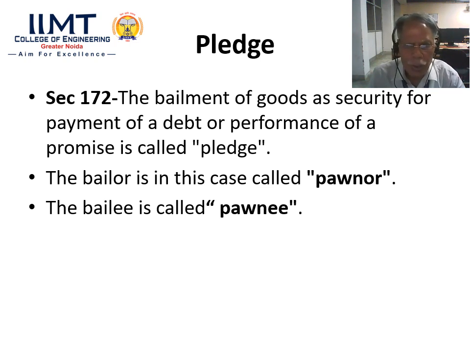There are two clear conditions laid down in this. The bailment must be as a security for a certain debt or performance of a certain promise. The bailor in this case is called the pawnor, and the bailee in this case is called the pawnee.